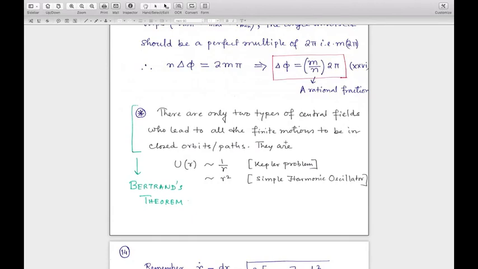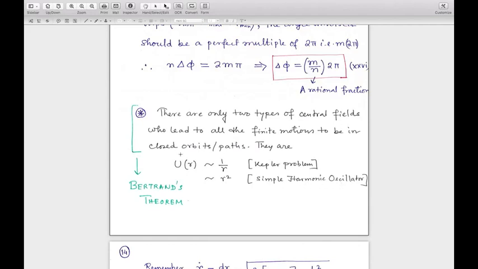There is an important and interesting theorem that there are only two types of central fields which lead to all the finite motions under this field being always in closed orbits or paths. One is that if the potential is 1 by r, that is the Kepler problem, like the electrostatic Coulomb potential or gravitational potential, or u of r is a function of r square, that is the simple harmonic potential.